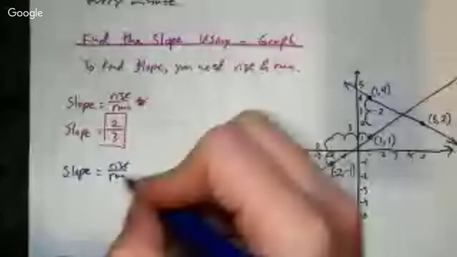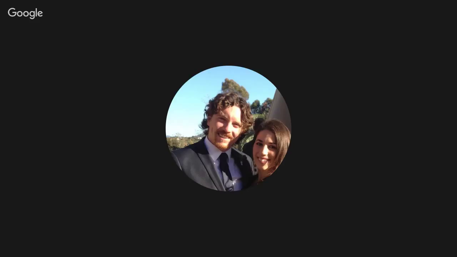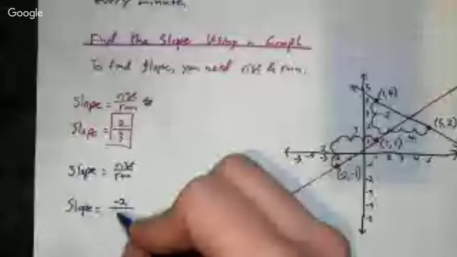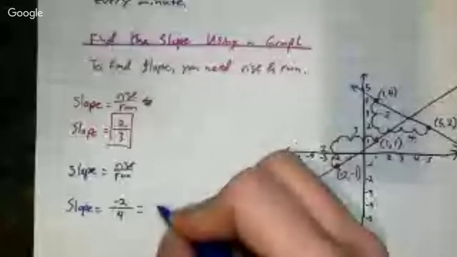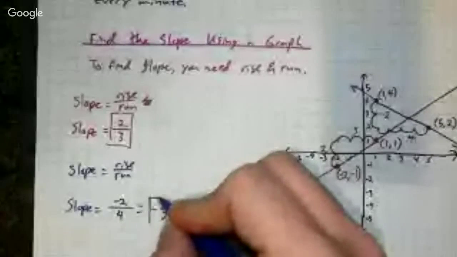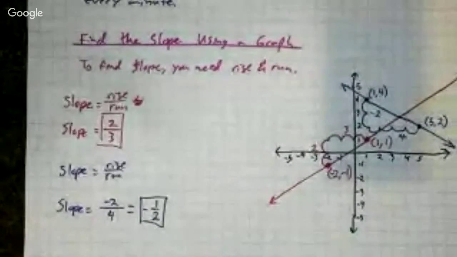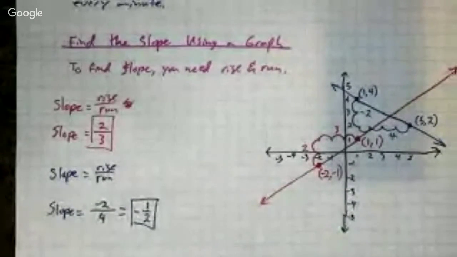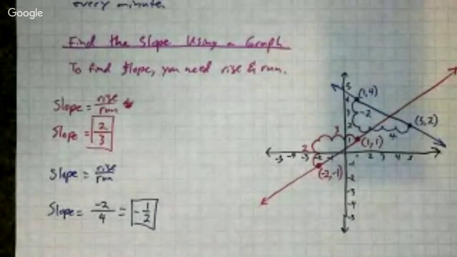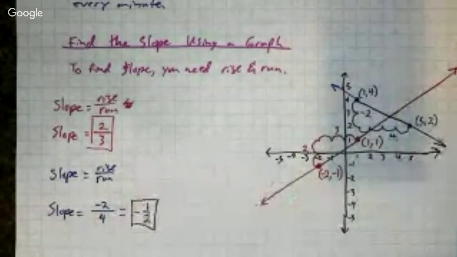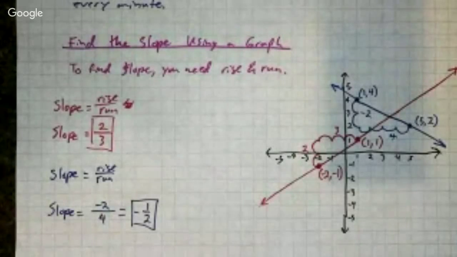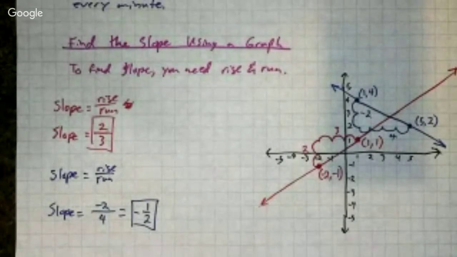So the slope is -2 over 4 in a positive direction, which is going to give us -1/2. So that second line moves at a rate of -1/2. And there you go. I like that one much better because I like looking at the actual image there. Let's move on to our next two examples.